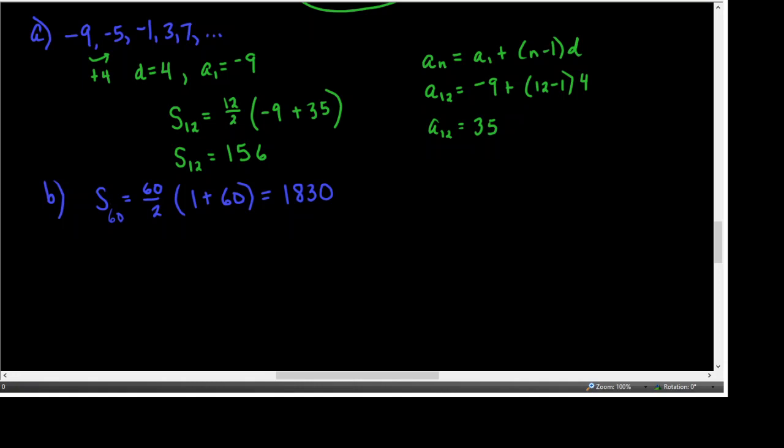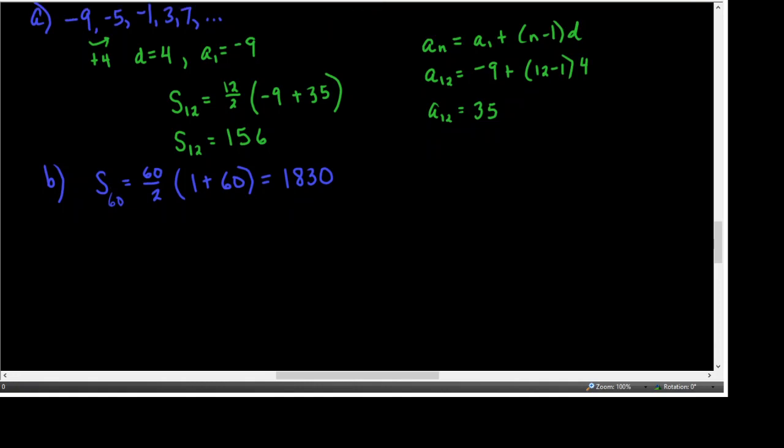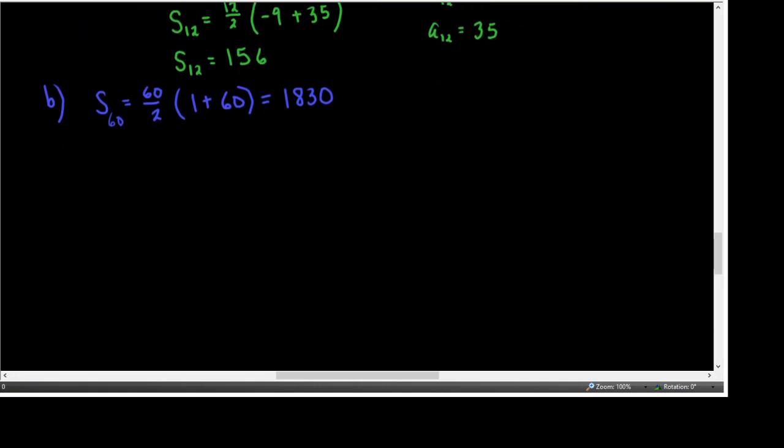All right, next example. The sum of the first 17 terms of an arithmetic sequence is 187. And if a sub 17 is negative 13, we're supposed to find a sub 1, and we're supposed to find d.